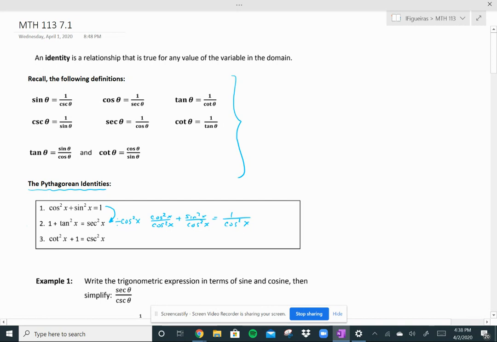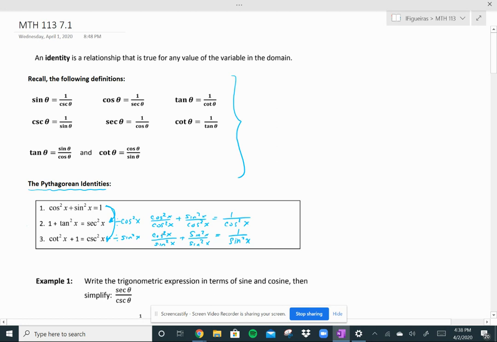Similarly, you can derive the third one from the first one by dividing everything by sine squared of x. So you get cosine squared of x, the first term, divided by sine squared of x, plus sine squared of x over sine squared of x equals 1 over sine squared of x.